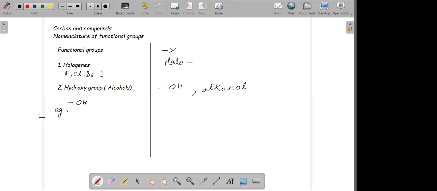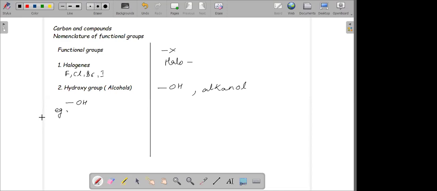Sudhanshu, can you give examples of alcohols? Rijwana, can you give examples of alcohols? Sir, methane alcohol.